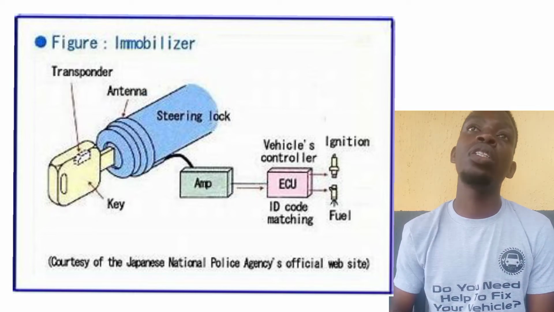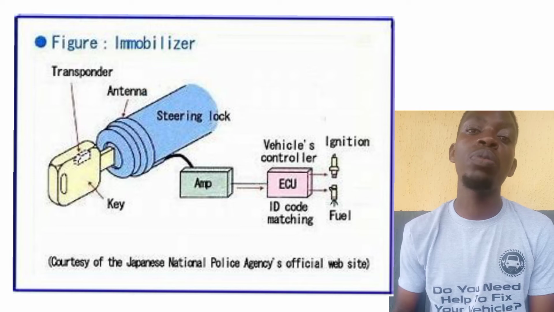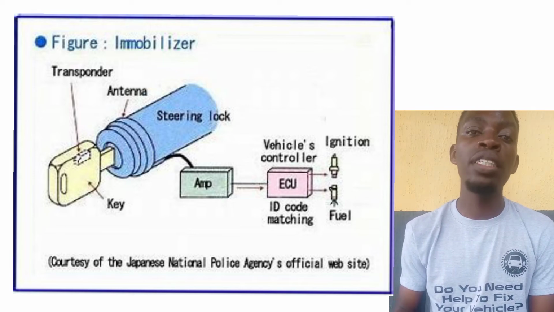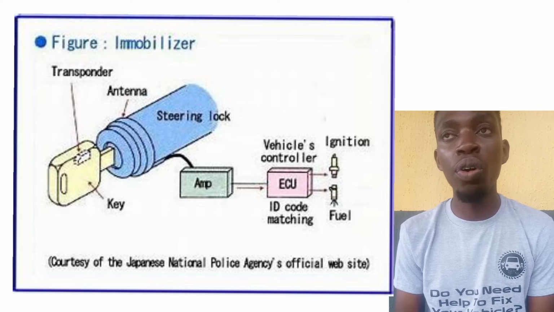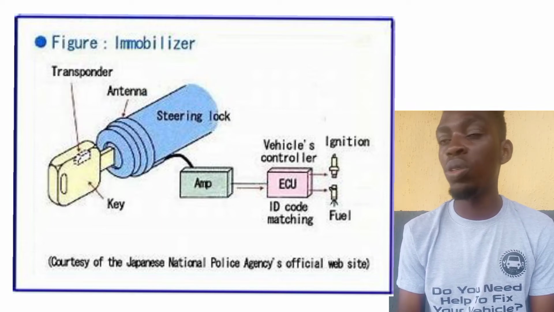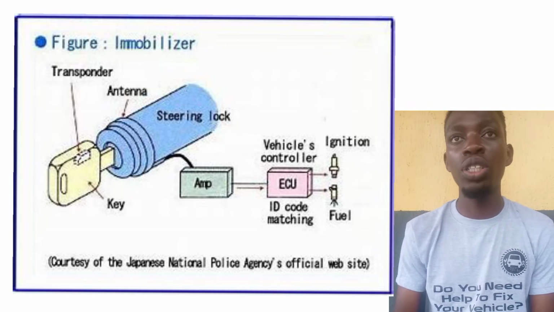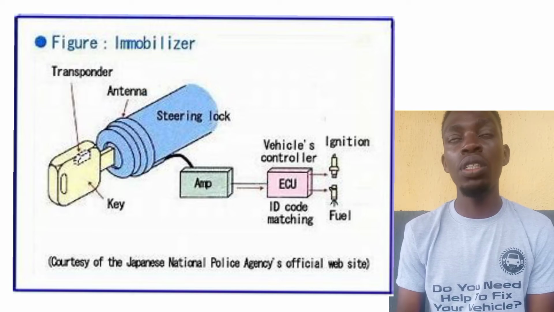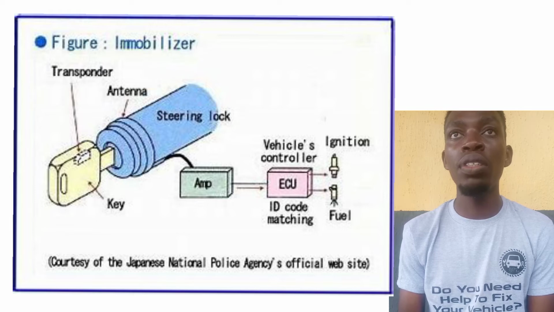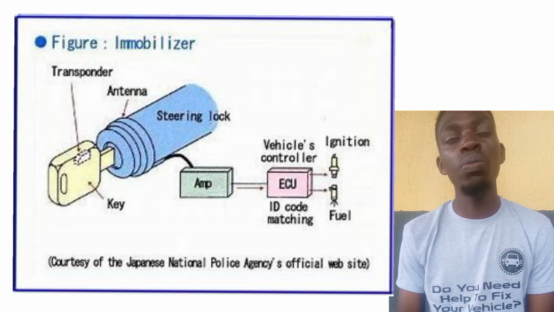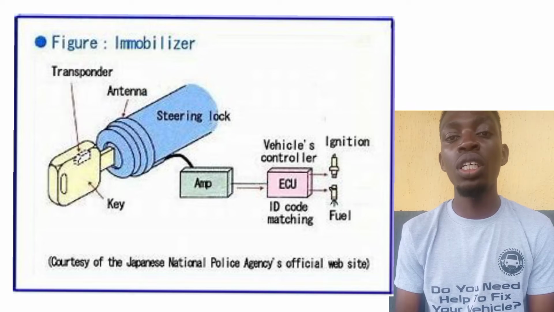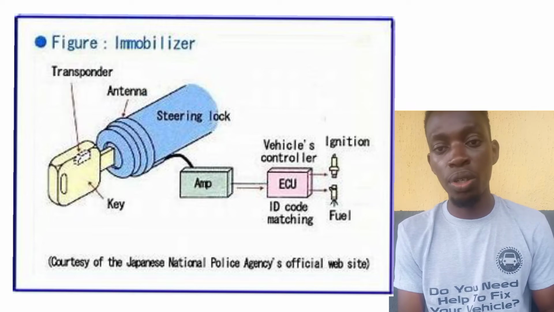Because the code written, or the programs written, in that chip hasn't been matched with what we have on the immobilizer system. So there was a matching of keys, and the code needs to match, and that's what the immobilizer system does. And when there is that matching, then the immobilizer system authorizes the ECU to send in fuel and send spark. So that's how it works.